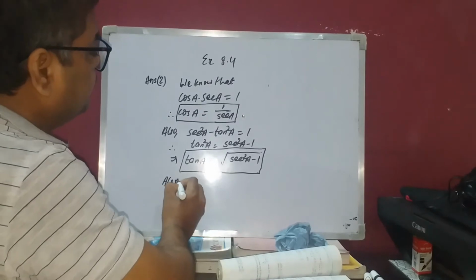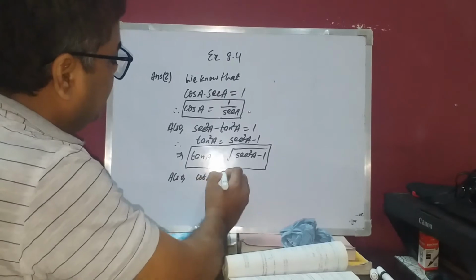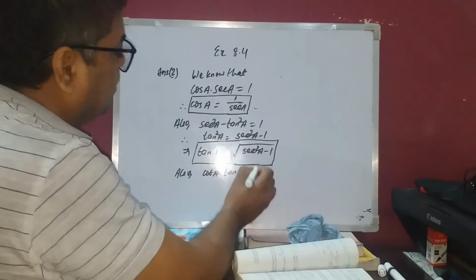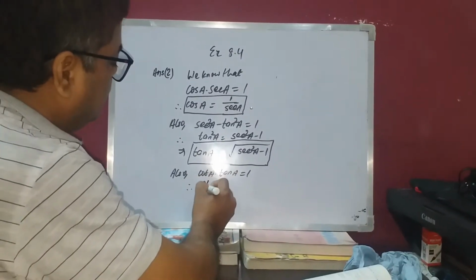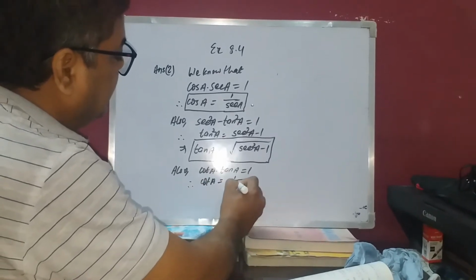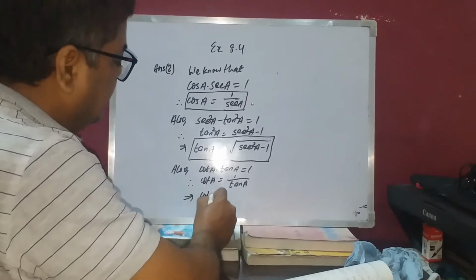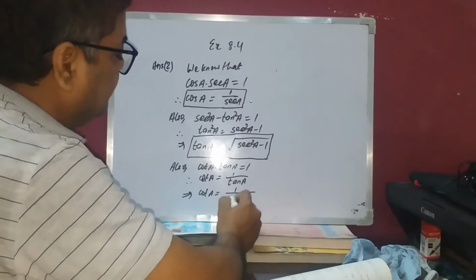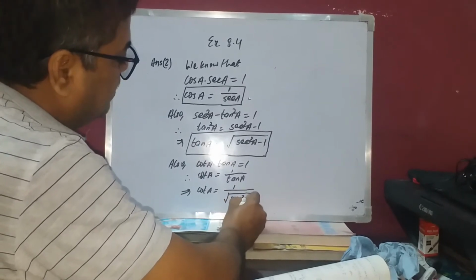Also, cot A into tan A equals 1. Therefore cot A equals 1 by tan A, and this can be written as cot A is equal to 1 by, and for tan A you will write under root sec square A minus 1.